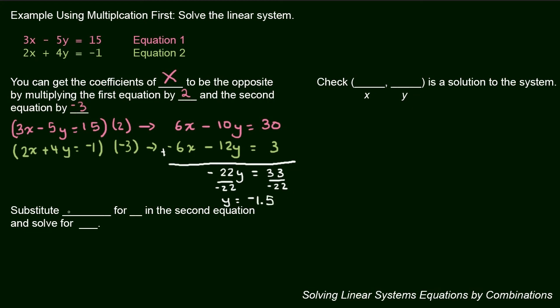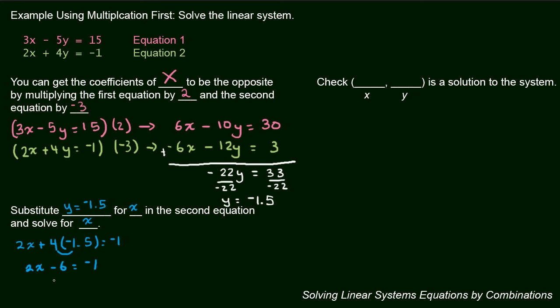I'm going to take my value for y equals negative 1.5 and substitute it in for y in the second equation and solve for x. So we'll do 2 times x plus 4 times negative 1.5 equals negative 1. 4 times negative 1.5 is negative 6.